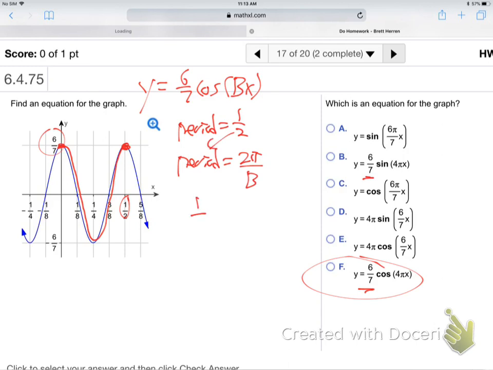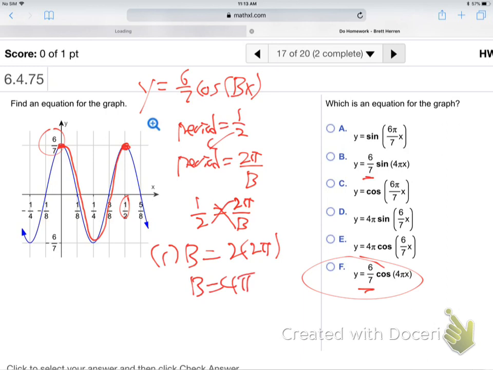Put in the half: a half is 2 pi over b. Cross multiply: b times 1 is 2 times 2 pi. So b is sure enough 4 pi. So we could have done that ourselves.